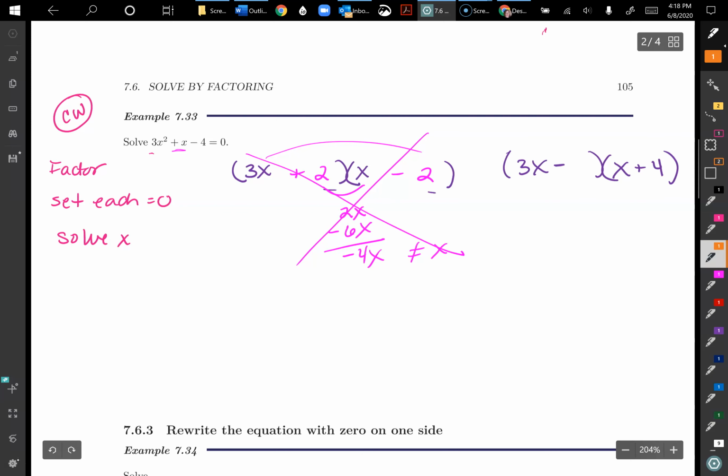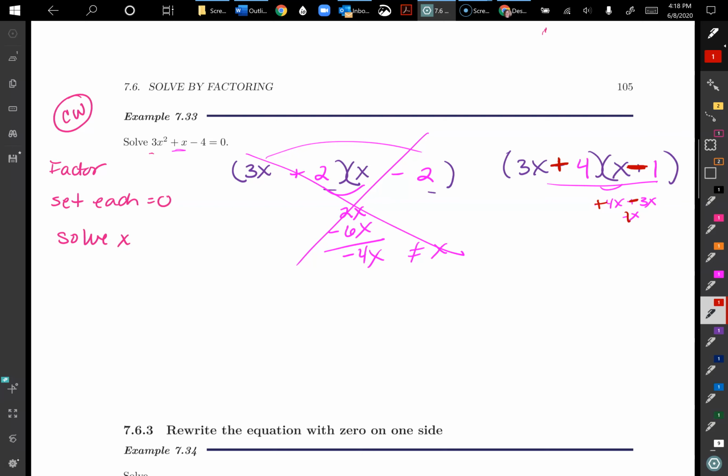So let's try switching those: a minus 4 and a plus 1. Here I get a minus 4x and a plus 3x, so I'm getting closer because I have a negative x. Now if I adjust my signs and make this one the plus and this one the minus, I will have a plus 4x and a minus 3x, giving me a positive x.